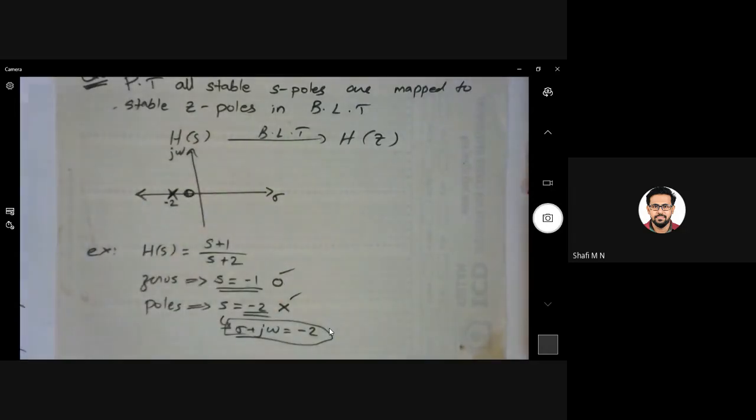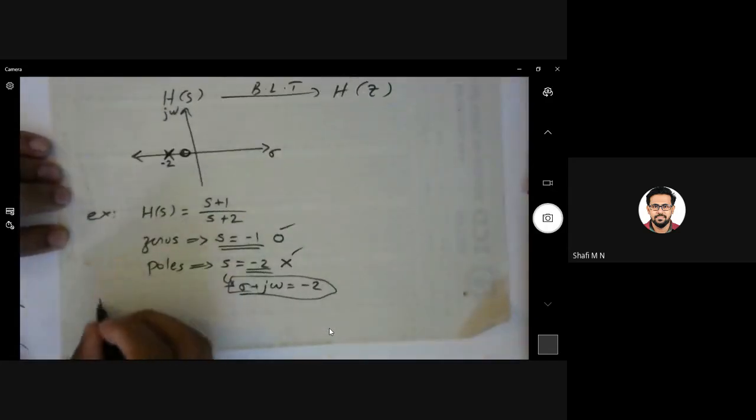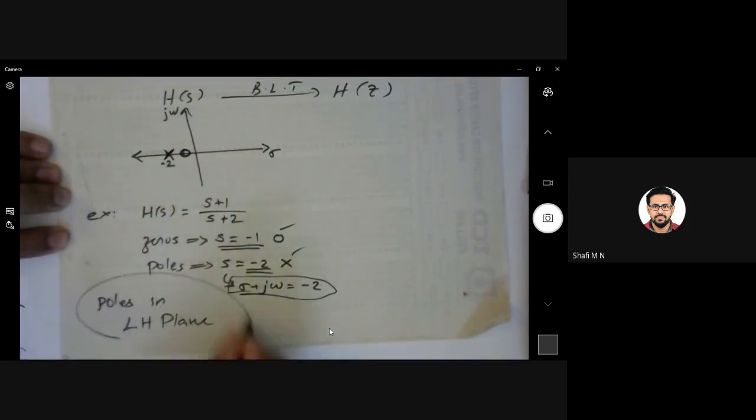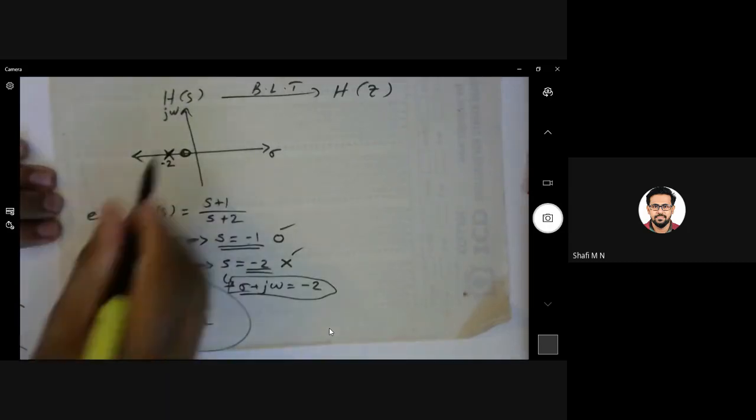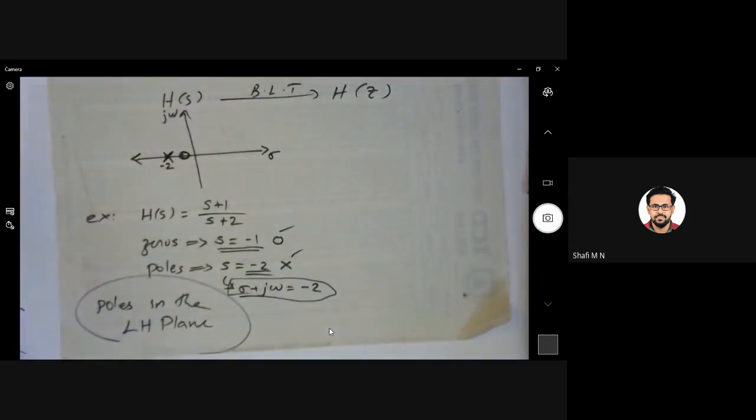So looking at the pole location, you can decide the stability of your system. This is the condition for stability: your poles should be in the left half plane. If the location of the pole is in the left half, you can say that your system is stable.